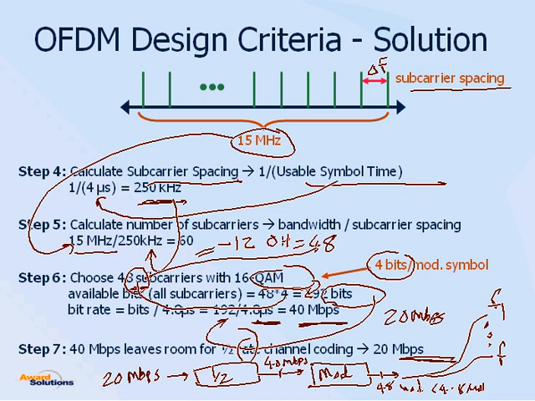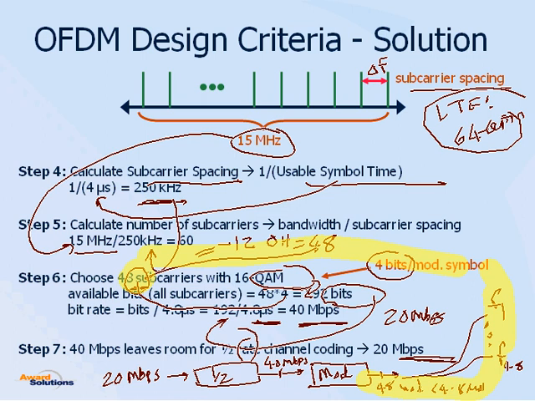That is the basic idea. This is a generic example, so that's why we just use 16 QAM. However, LTE itself supports 64 QAM. That is correct. LTE supports 64 QAM. For this example, 16 QAM is good enough because it's a generic OFDM system.